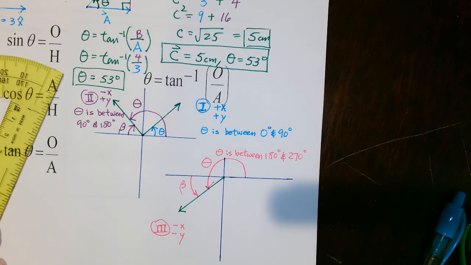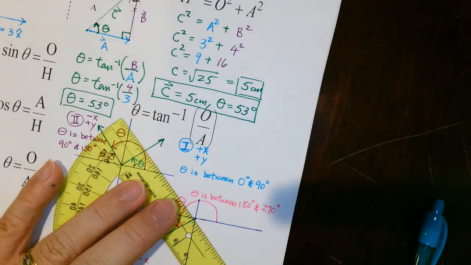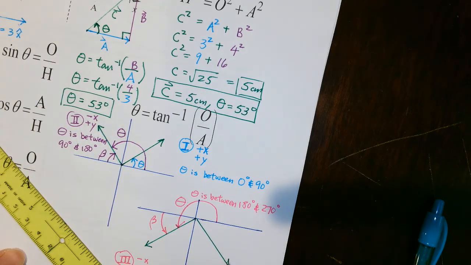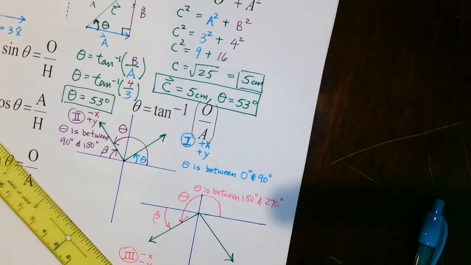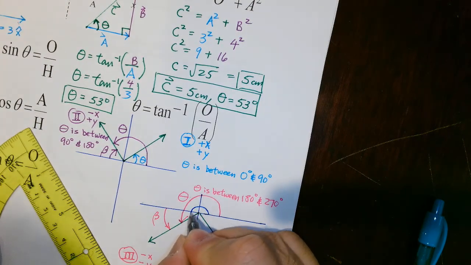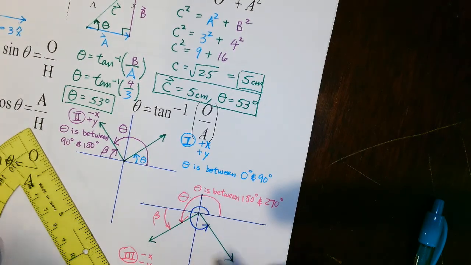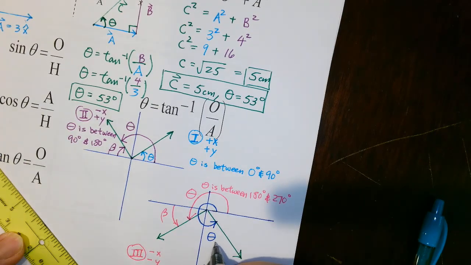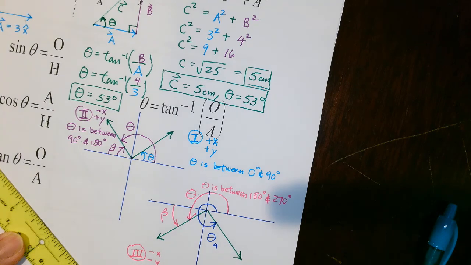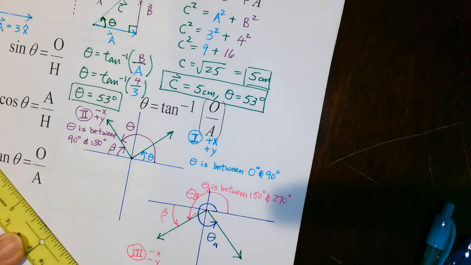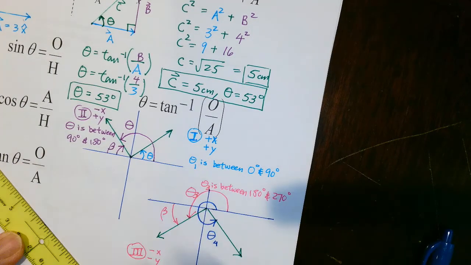Now for the fourth quadrant, let's say I have a vector going like this. This is my angle theta for the fourth quadrant. Maybe I should write these little subscripts down, so this is 3, this is 1, and this is 2.